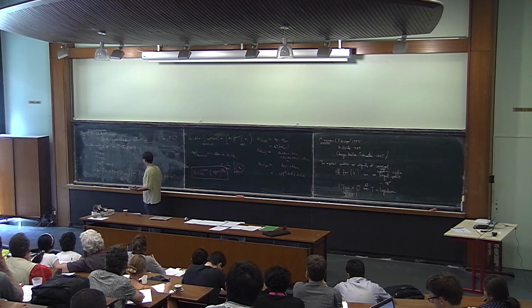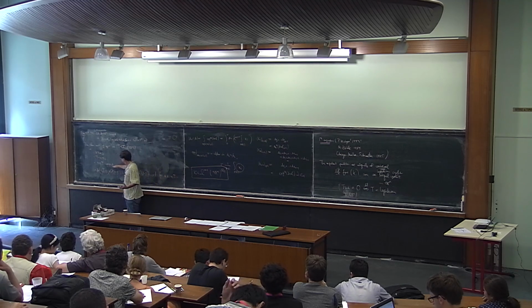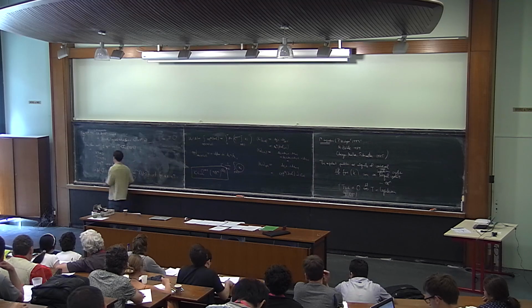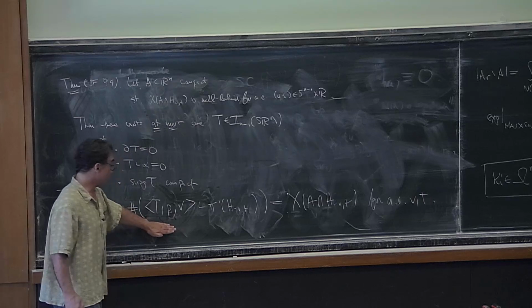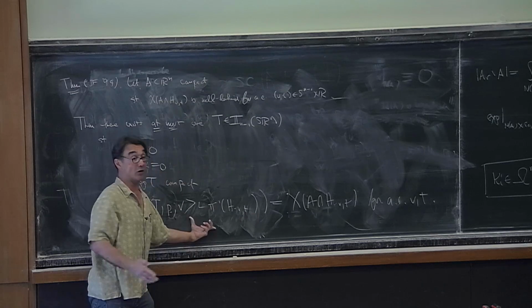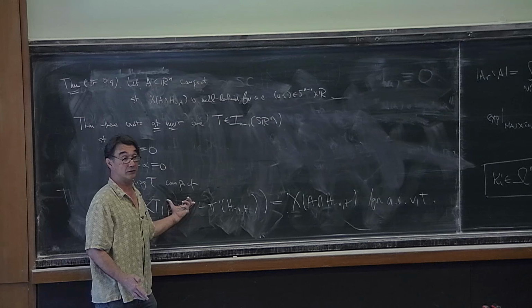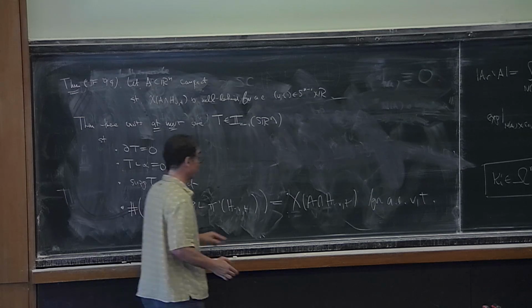Really, what's being said is that if you have an integral current of this type, and almost every one of these expressions is 0, then the current is 0. Okay, so let me write that.